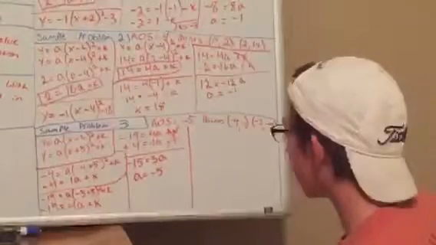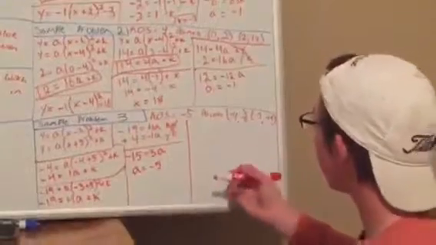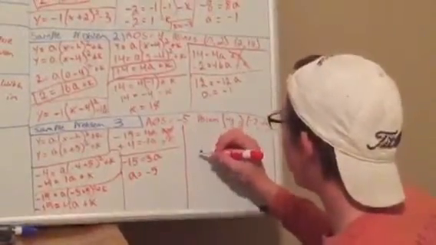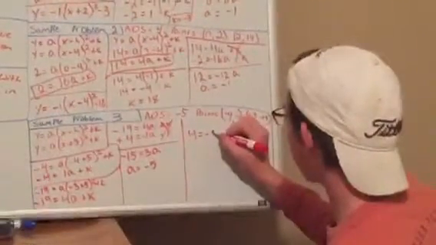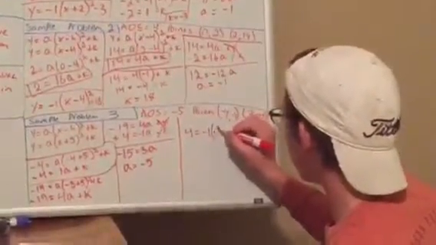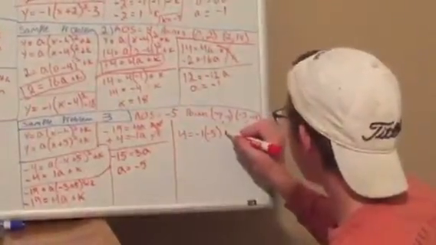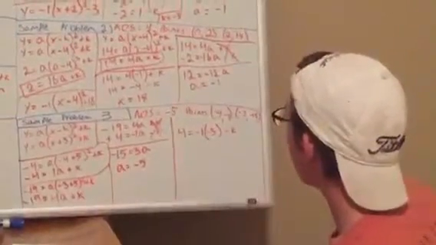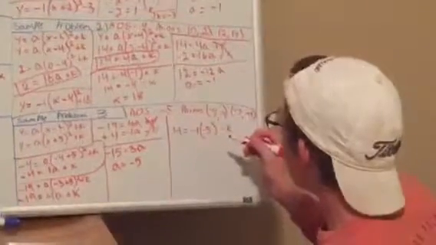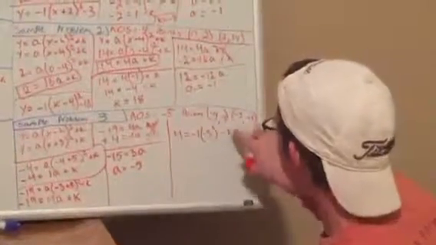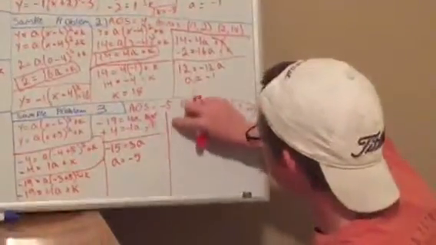Then you can plug this in to find your k. So 4 is equal to negative 1 times negative 5, because that's your a, and then minus k. Oh wait, I'm sorry. Let's go ahead and back that up. I should have looked at that.